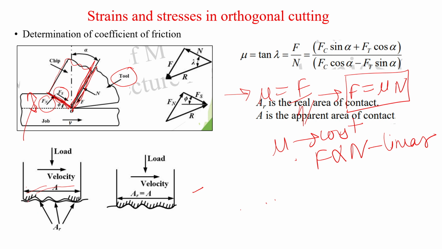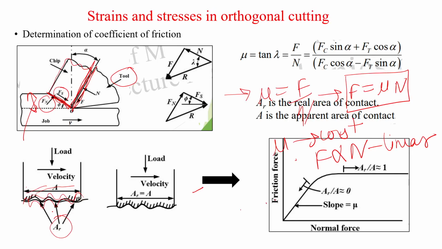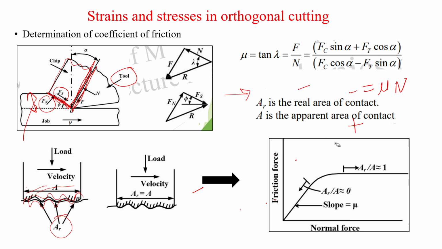But in actuality, there are different irregularities in the surface. So there comes an area called AR, which is the real area, and this AI is the apparent area. We generally use the apparent area, but in actuality the real area is AR.